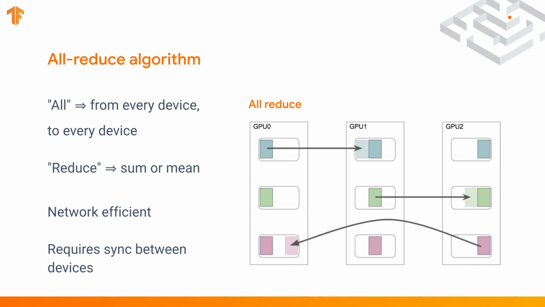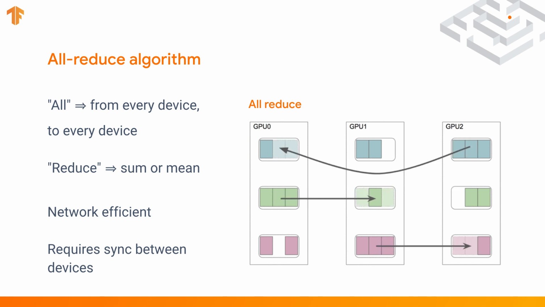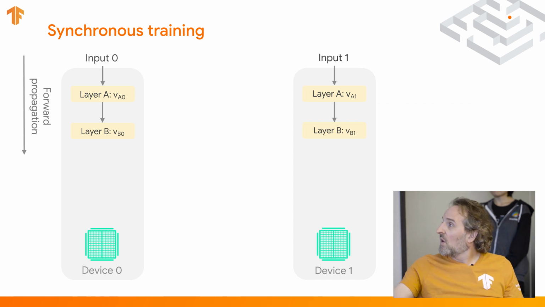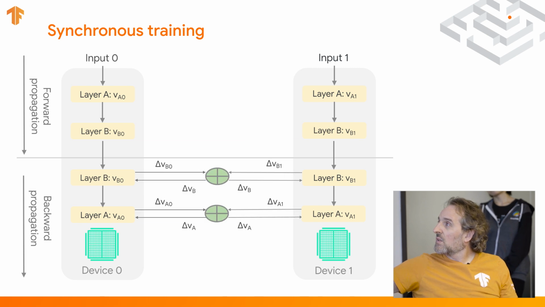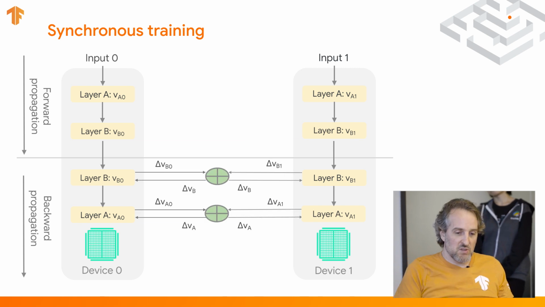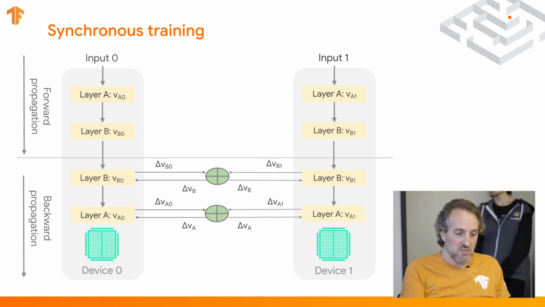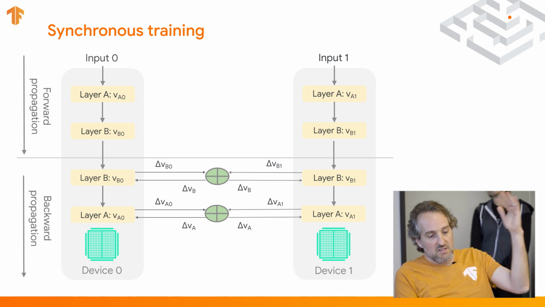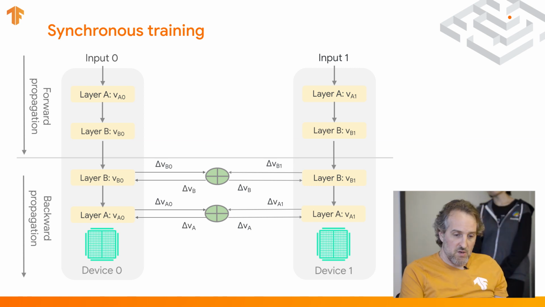So how does synchronous training actually look? Let's say we have a model with 2 layers on 2 devices, and each of those layers has a variable. So there are really 4 variable components here, because we're keeping separate copies of each of the two variables on each of the two devices. Each device gets a subset of the training data and does a forward pass using just those local copies of the variables.